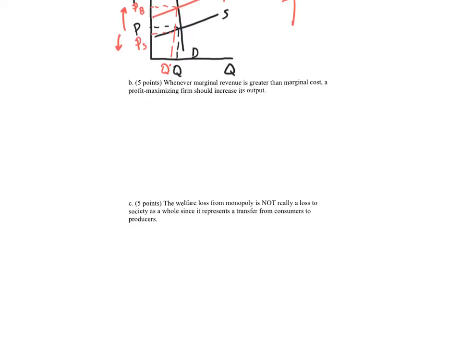When marginal revenue is greater than marginal cost, a profit maximizing firm should increase its output. We know that marginal revenue is the extra revenue that a firm gets from producing one extra unit, and marginal cost is the extra cost a firm incurs by producing one more unit.